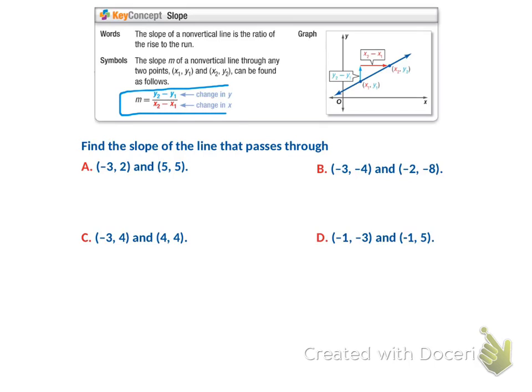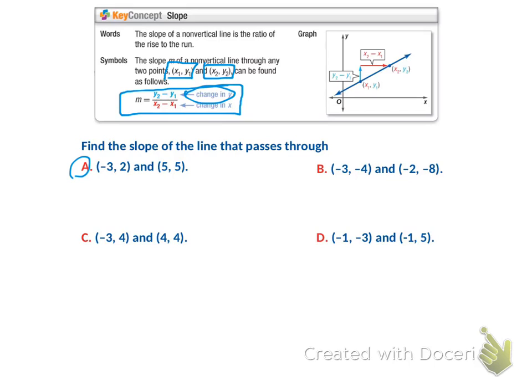This little guy here is the formula that's going to keep you sane. We're looking for the change in the y's, and that can be found by subtracting each y value over the change in the x's. Subtract the x values. So let's start with the y values. Remember, it's always written x1, y1, x2, y2.